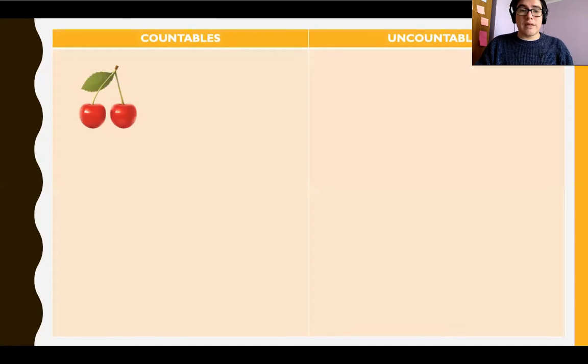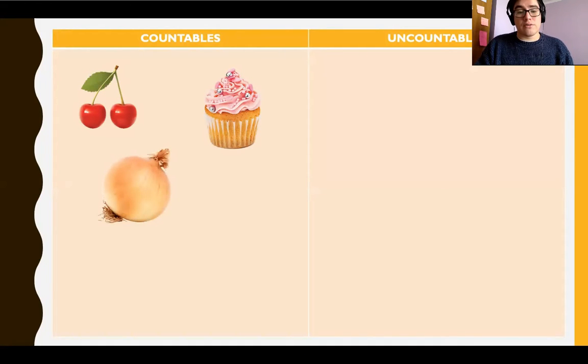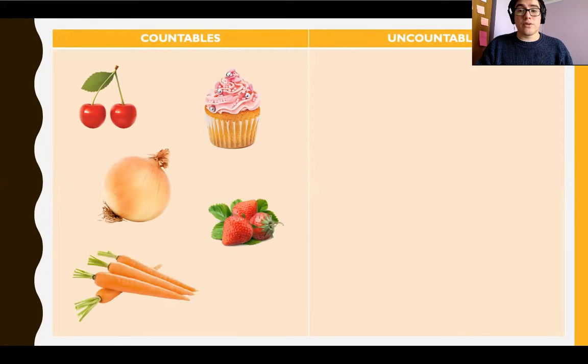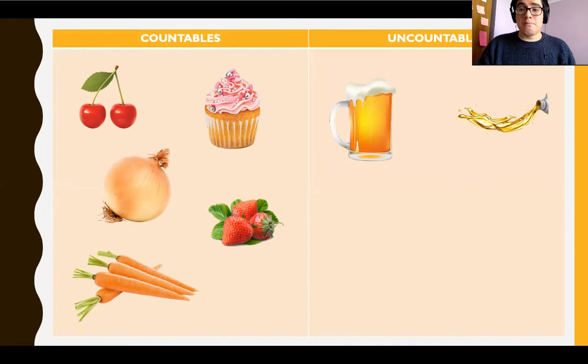Some other countables can be, for example, cherries. Cherries are countable. Cupcakes can be counted. Onions are countable. Carrots are countable. And strawberries are also countable. Other examples of uncountables can be, for example, oil. Oil is uncountable. Beer is uncountable.